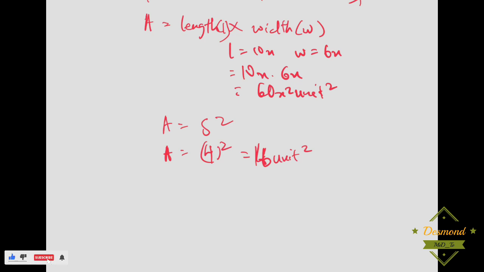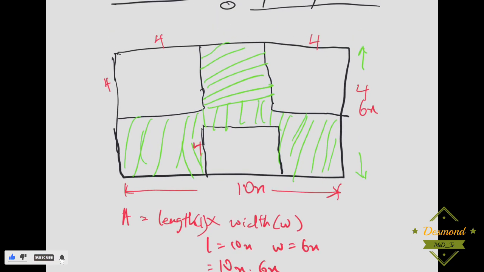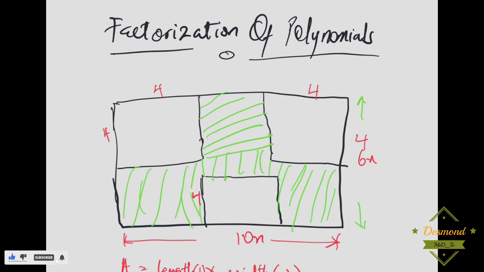Now the other rectangular region has one side of length 10x minus 8. That is one side, right? And the other side is 4. You can see that from here, right?